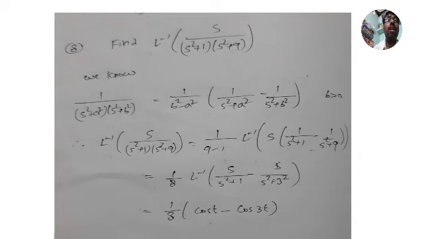So very similar to the previous questions, only difference is here in numerator you are getting s. So keep that numerator s as it is, then apply the formula and you will get the answer. Note it down. Let us move on to the next one.